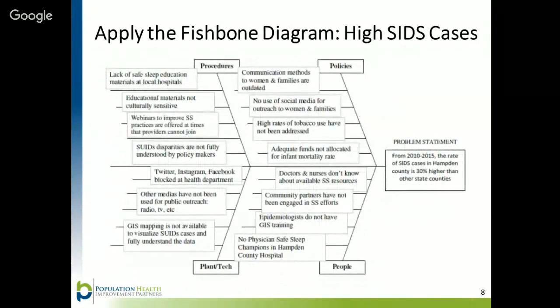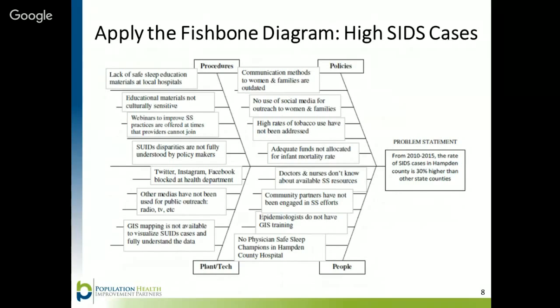Here is an example of a fishbone diagram used to investigate root causes of a maternal and child health problem. The problem statement is, from 2010 to 2015, the rate of SIDS cases in one county is 30% higher than other state counties. This diagram uses the 4 Ps as categories.